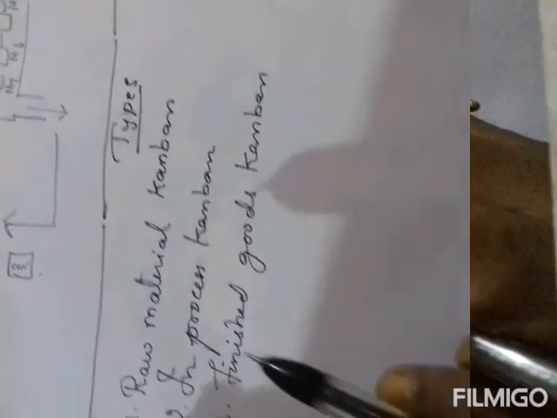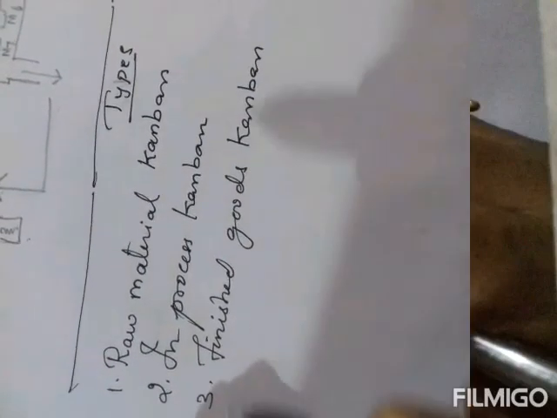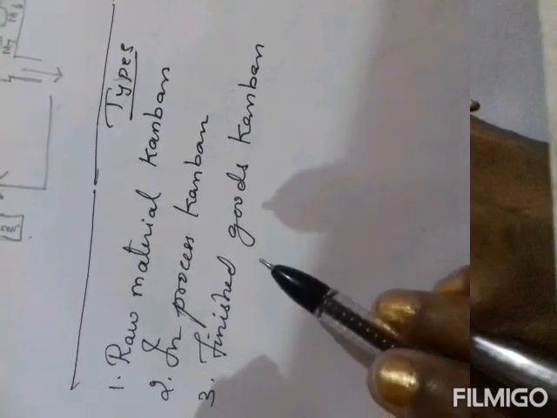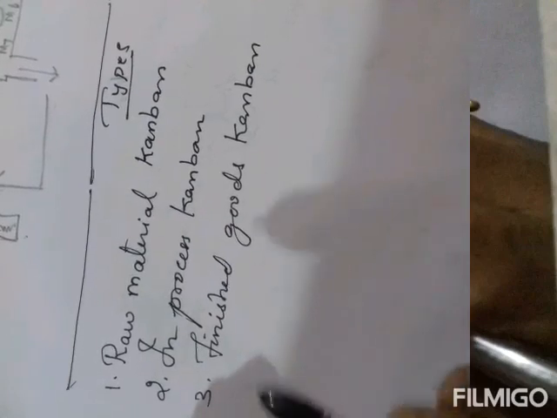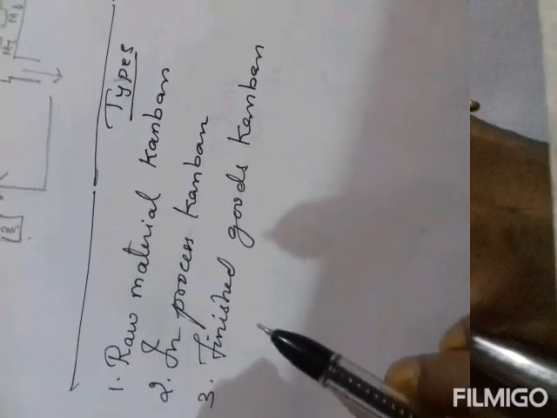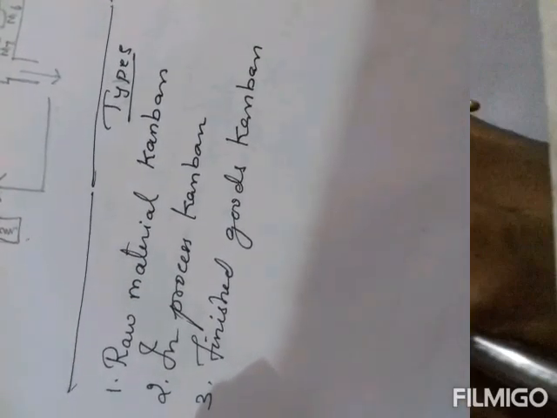If you take finished goods Kanban, it determines the amount of product to be kept on hand at any given time. The removal of material from the finished goods Kanban acts as a signal for more of that product to be manufactured.